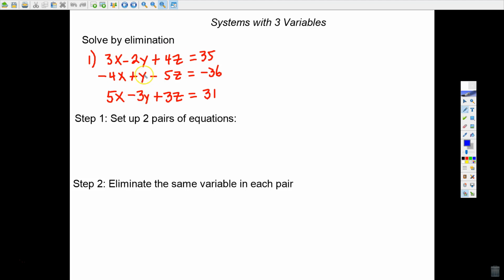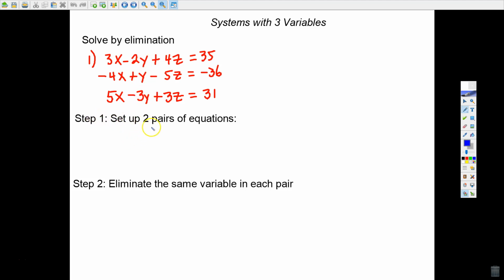And in this particular example, I would go for y as my variable to eliminate. It looks like it would be the easiest process. Now, you're not going to be wrong if you choose x or z. It's just that in some cases there's an easier path than others. So in this case, I think the easiest route to take will be to eliminate y.